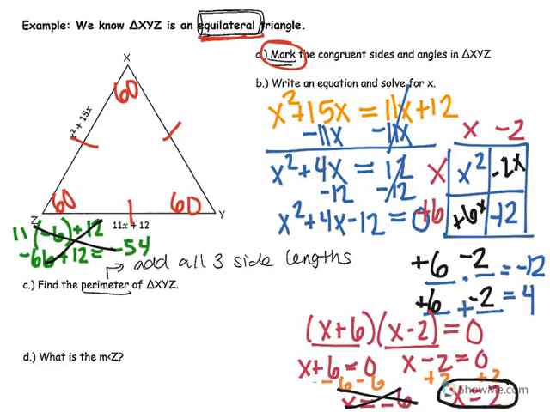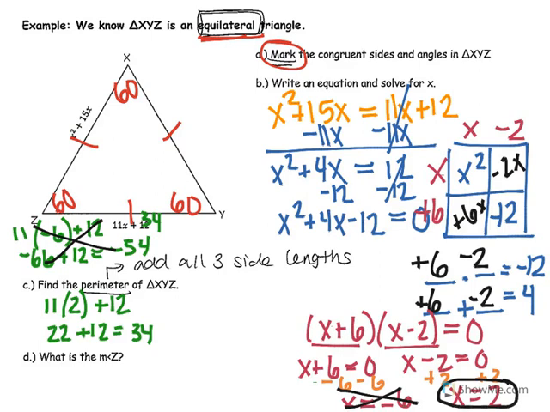So let's plug in X equals 2. 11 times 2 plus 12. 11 times 2 is 22. 22 plus 12 is 34. 34 makes a lot more sense to me for a side length, a positive 34. Now remember, we need all 3 side lengths to find the perimeter.